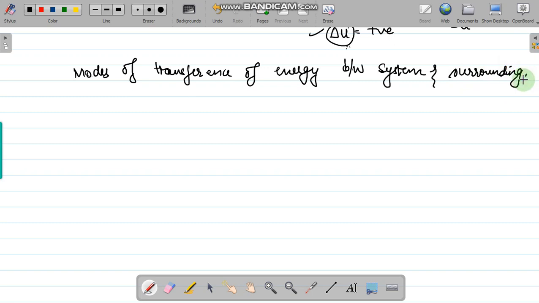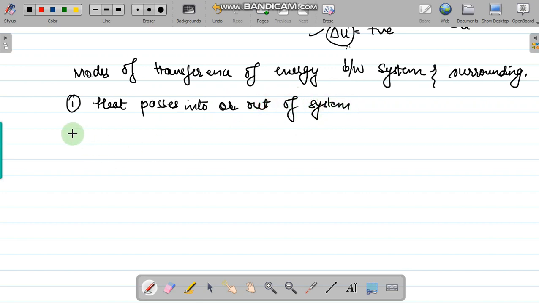Now, every system is going to have a definite amount of energy. It can exchange energy with the surrounding in different ways, out of which the two important ways are what? Heat passes into or out of the system.